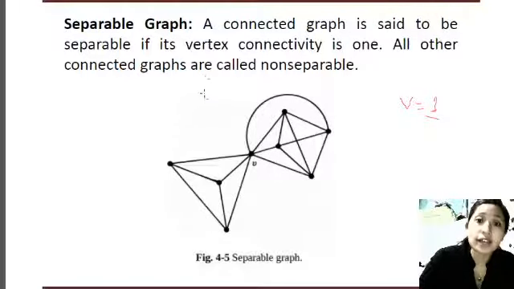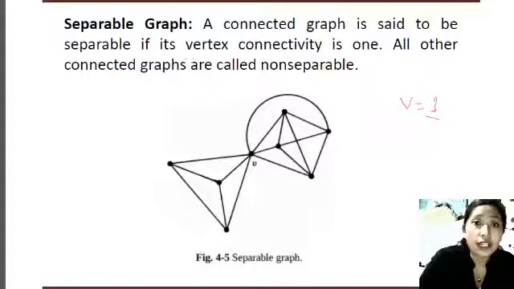So if your graph has one vertex which is present in every path between all other vertices, that is, if you remove that cut vertex from your graph, then your graph will be disconnected, which further means that there will be no path between at least some pair of vertices. So if your graph has a cut vertex, then that graph is called a separable graph.